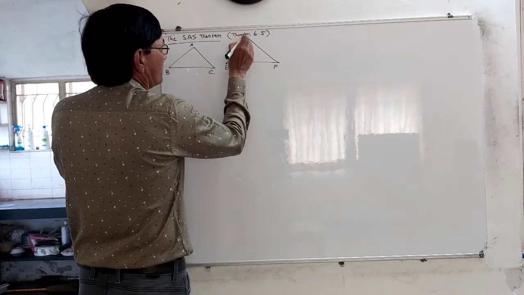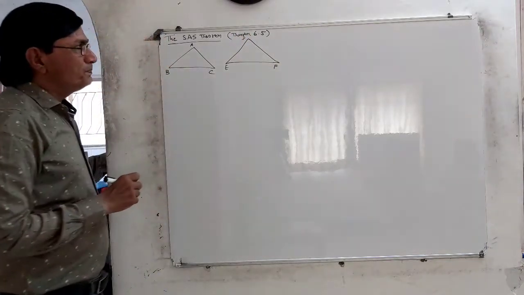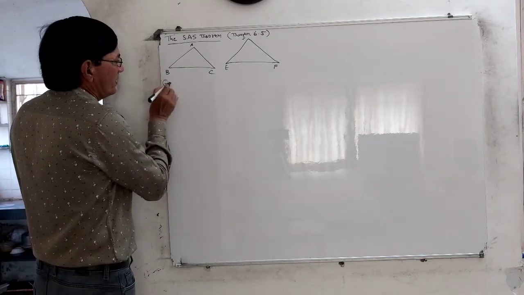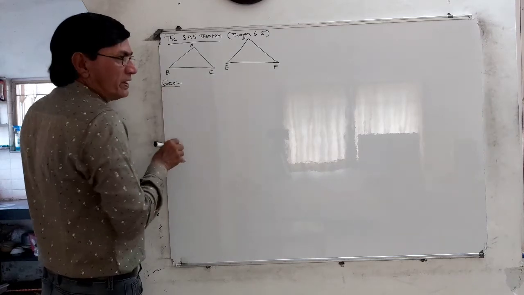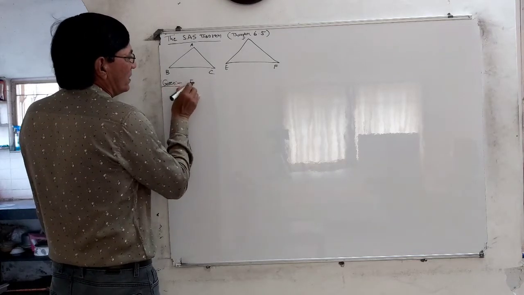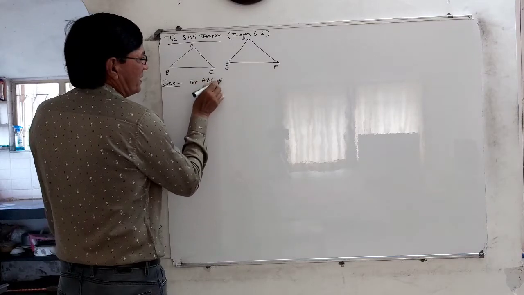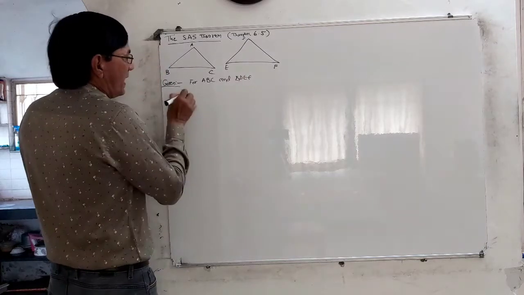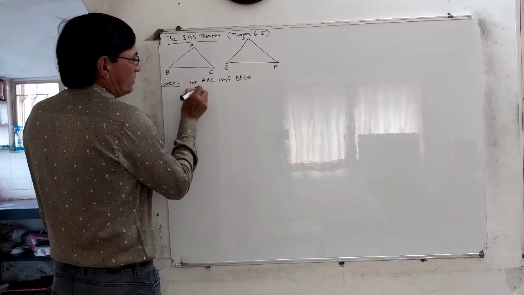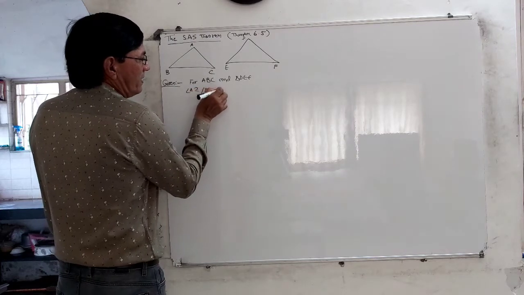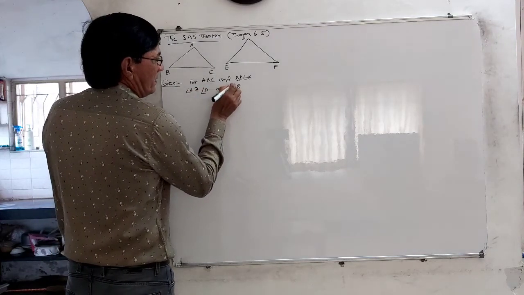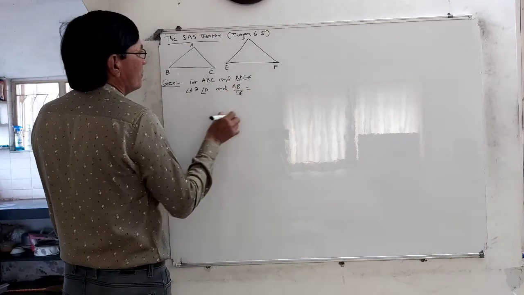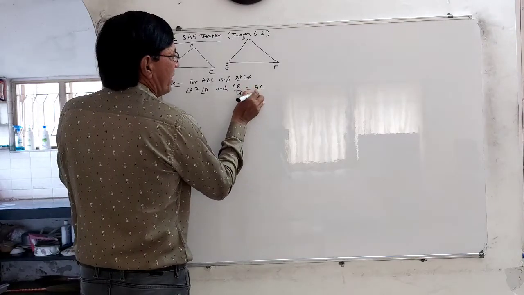Now, in this theorem, we are given triangle ABC and triangle DEF, angle A is congruent to angle D, and AB upon DE is equal to AC upon DF.